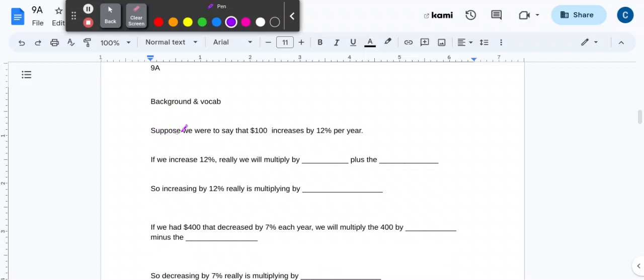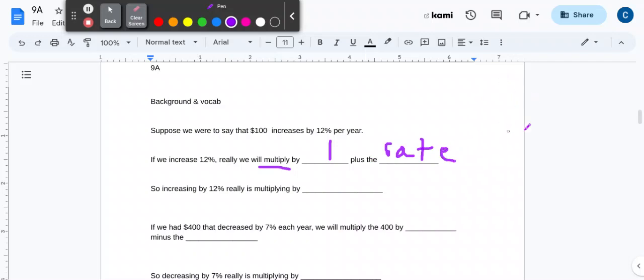Suppose we were to say that $100 increases by 12% per year. If we increase by 12% per year, what we really are going to do is take our money and multiply by 1 plus the rate.